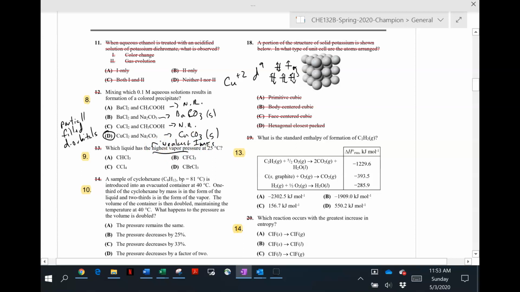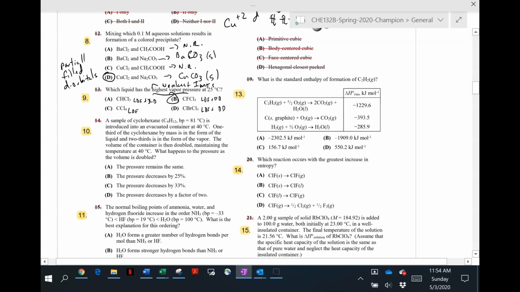It turns out that if you take a look at this, while you've got some LDFs and IMFs, and dipole in these, LDF only here, LDF plus dipole here, and LDF plus dipole here. It's kind of misleading, because the chlorine has so many electrons. The LDFs in carbon tetrachloride are actually stronger than the LDFs plus the dipole in the CFCl3. So this is the correct answer there.